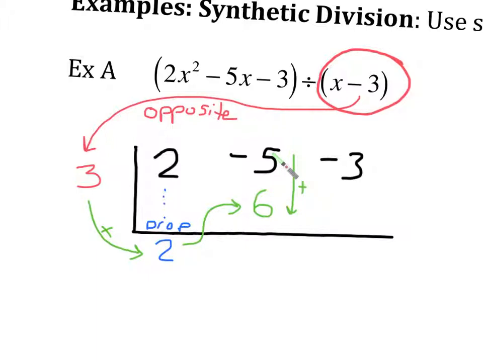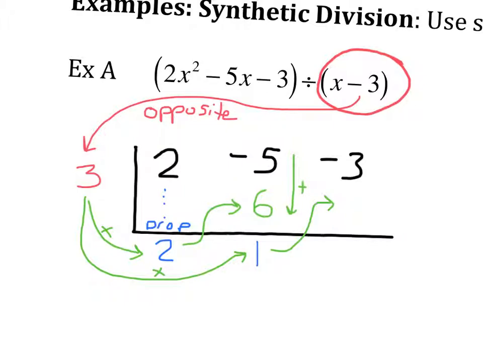So -5 plus +6 is +1. Next, now I repeat that exact same process. This 3 is going to multiply this 1 and is going to be written over here.